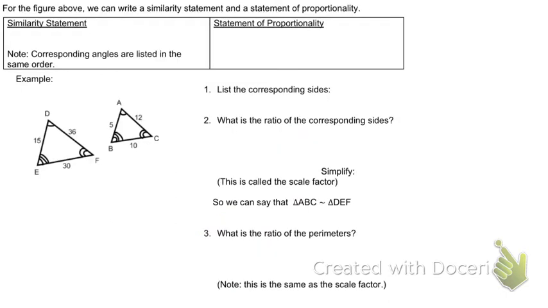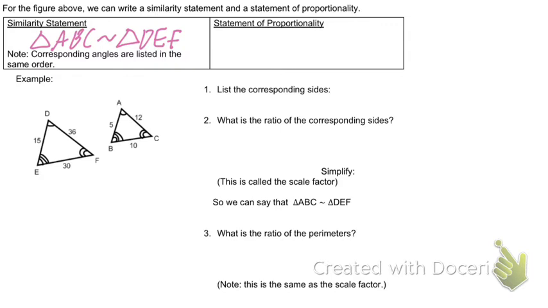Okay? So, you guys remember how we had congruence statements, like this triangle is congruent to this triangle? Very similarly, we're going to have a similarity statement. So for the big figure above, we would say that triangle ABC is similar to triangle DEF. And we have this thing called a statement of proportionality.